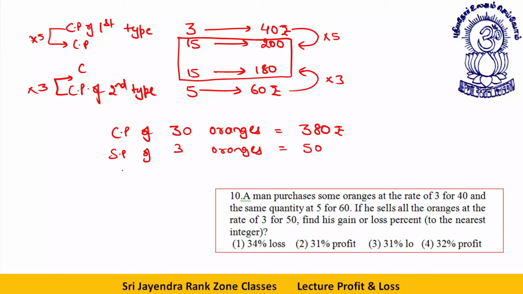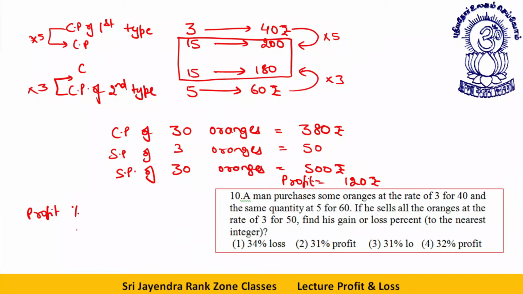So I can say SP of 30 oranges will be 500 rupees. Therefore a profit of rupees 120.